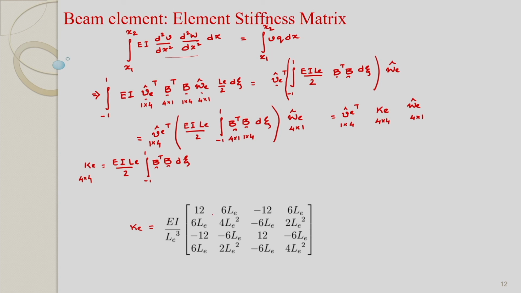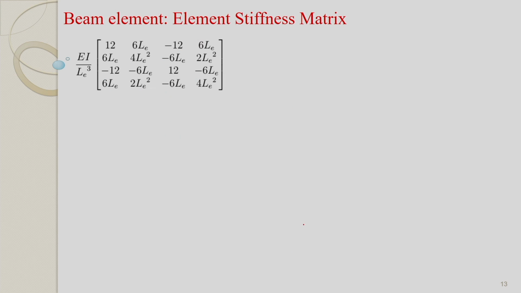This integration is done symbolically to get the symbolic form directly. Now, I will explain one term explicitly in this element stiffness matrix to understand how this is coming.